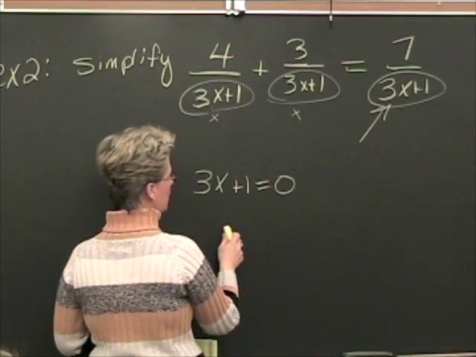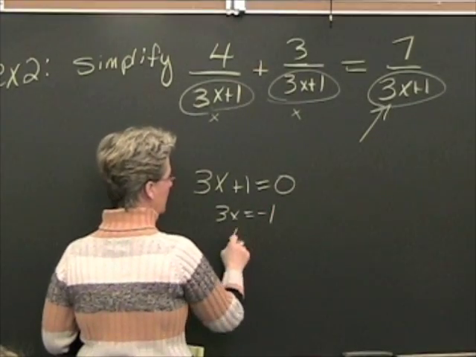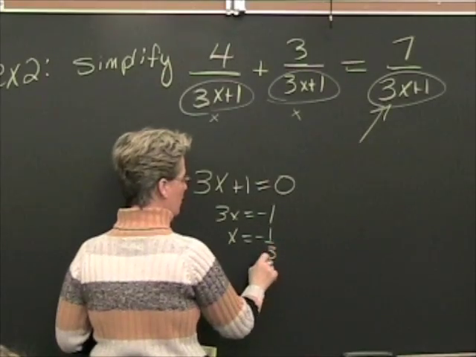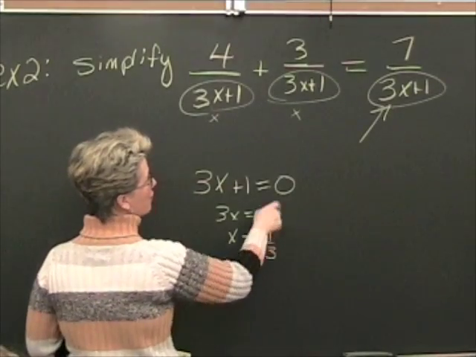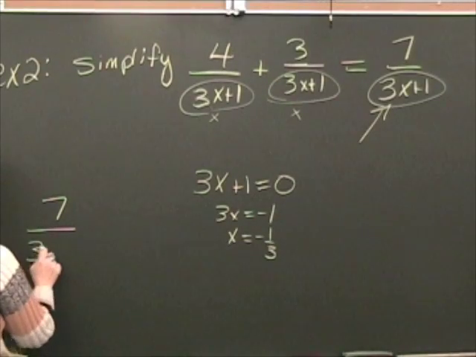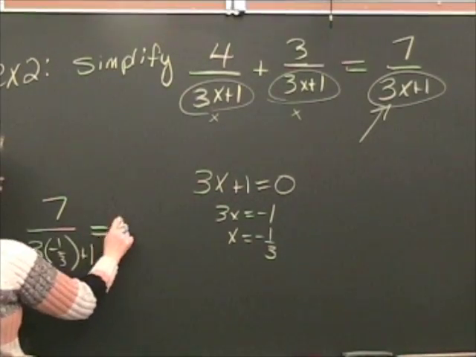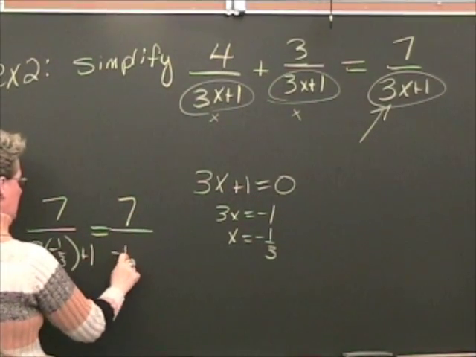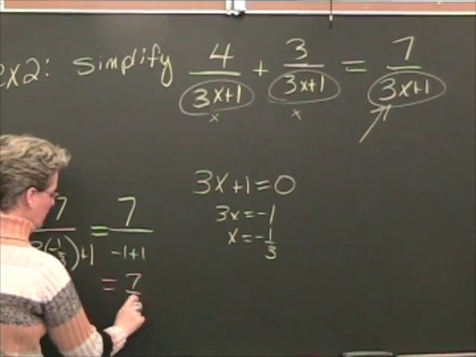So let's see. If I subtract 1, I'll get 3x equals negative 1. If I divide by 3, I'll get x equals negative 1/3. Now watch what happens if I put negative 1/3 into that denominator. I would get 7 over 3 times negative 1/3 plus 1, which would be 7 over negative 1 plus positive 1, which would be equal to 7 over 0.